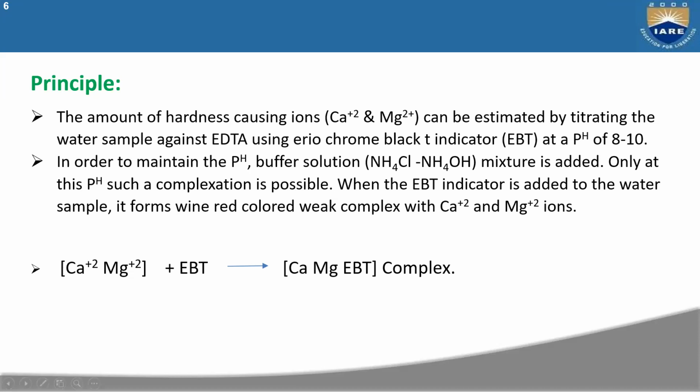The given hard water sample is reacted with EBT, Eriochrome Black T indicator. So we get the calcium magnesium EBT complex. This is an unstable complex and the color is wine red.